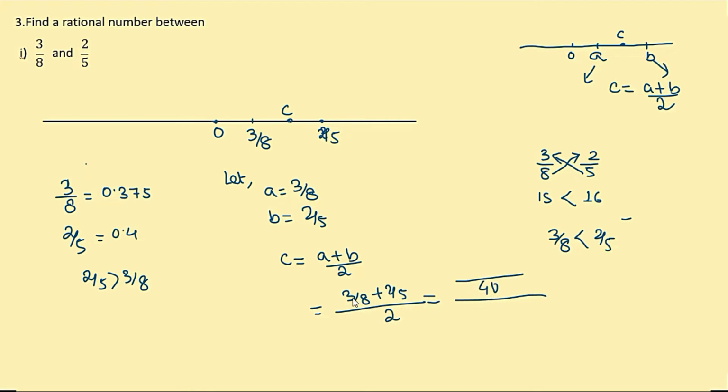So 8 5s are 40, that is 3 into 5 is 15, plus 5 8s are 40, so 2 into 8, that is 16, by 2. So this comes as 31 by 40 by 2, that is 31 by 40 into 1 by 2, that is 31 by 80 is the answer for this sum.